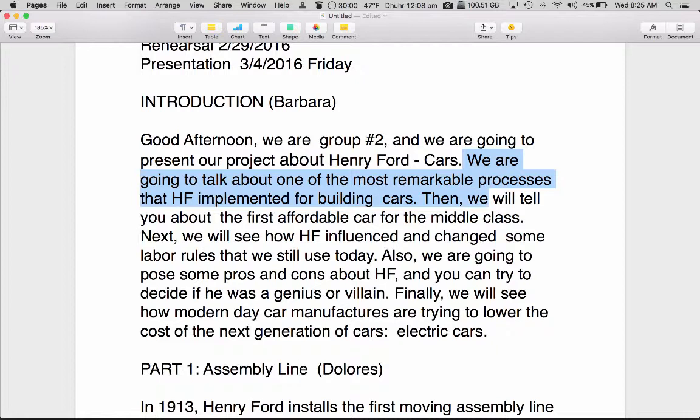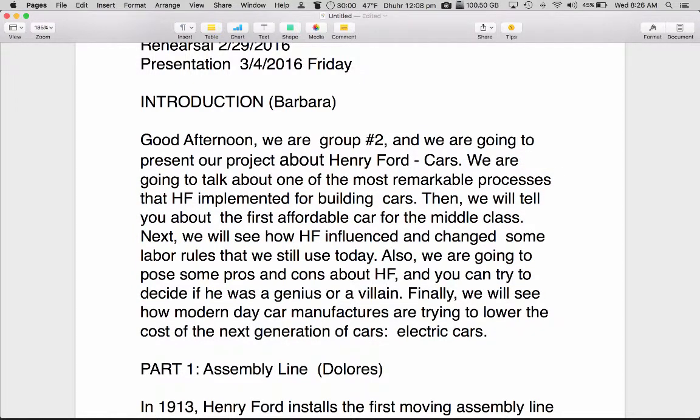Then, we will tell you about the first affordable car for the middle class. Next, we will see how Henry Ford influenced and changed some labor rules that we still use today. Also, we are going to pose some pros and cons about Henry Ford, and you can try to decide if he was a genius or a villain.